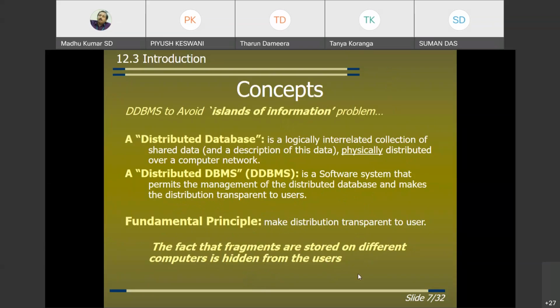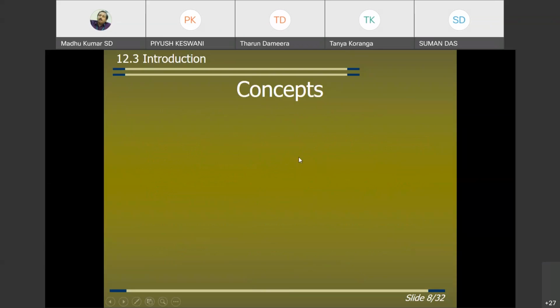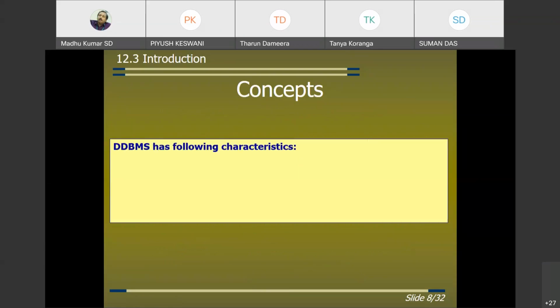We need not know that the data is stored as fragments at the different nodes of the network. That is hidden from the users. That is the important property of transparency in the context of distributed databases.